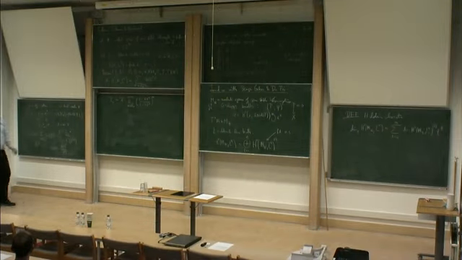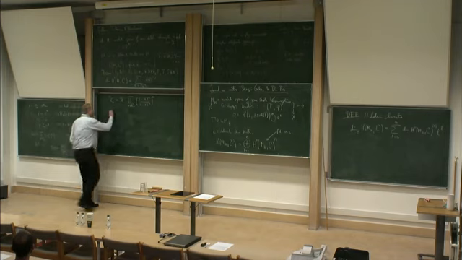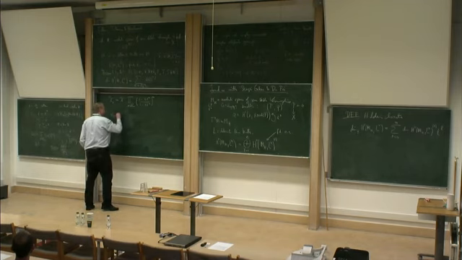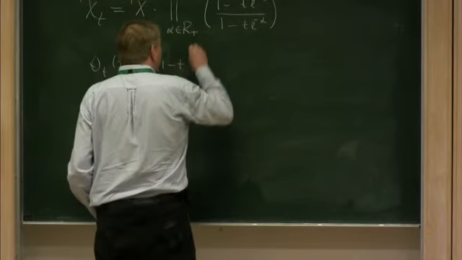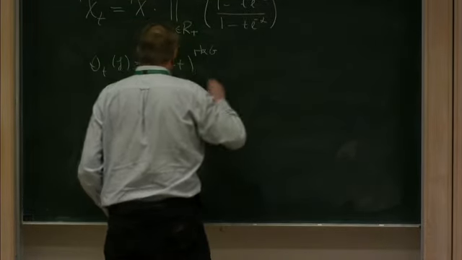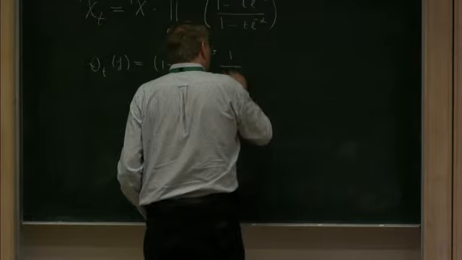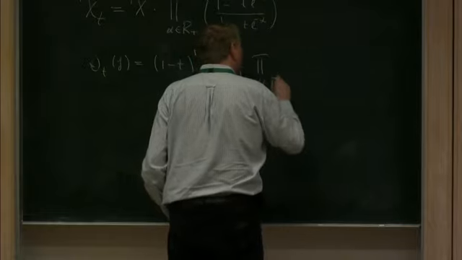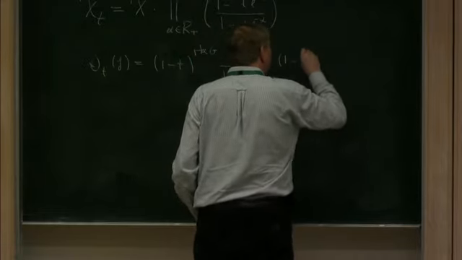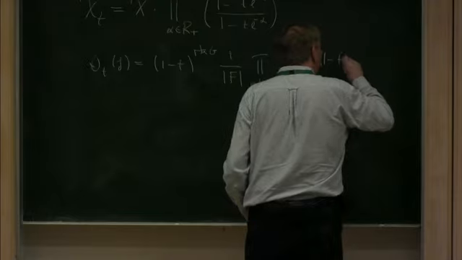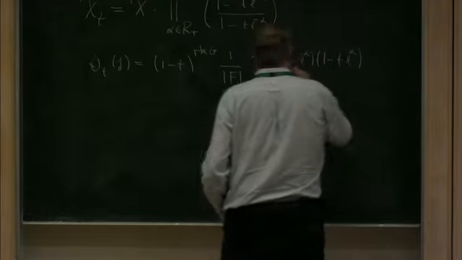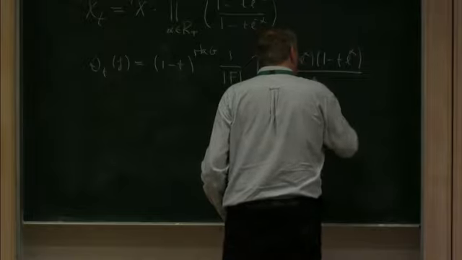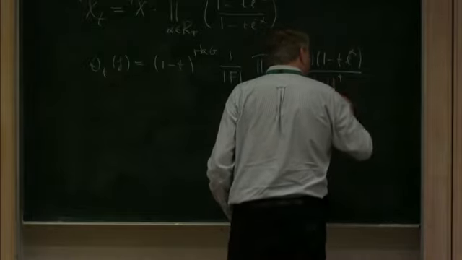Sorry. So theta t of f is 1 minus t to the rank of g, 1 over the size of f again, and then the product over all the roots, and then 1 minus e to the alpha, 1 minus t e to the alpha, divided by the determinant of h dagger t.